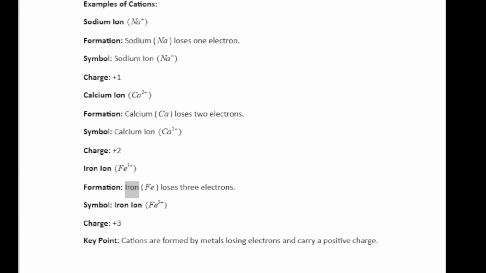Formation. Iron loses 3 electrons. Symbol. Iron ion. Charge. +3. Key point. Cations are formed by metals losing electrons and carry a positive charge.